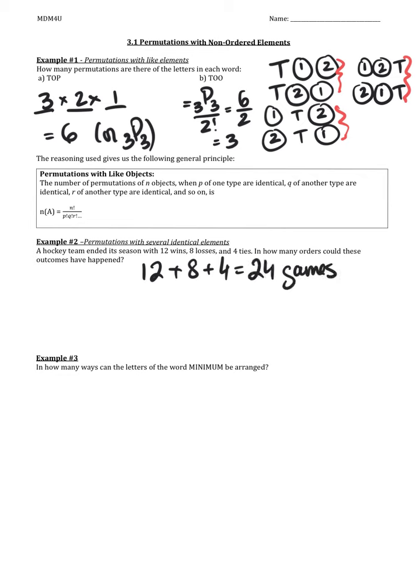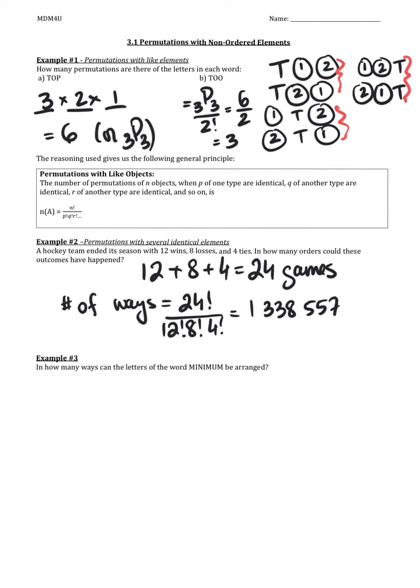And the number of ways that we can arrange all these possible types of like wins, losses, and ties would be 24 factorial over, and now we're going to take all the wins, so that's 12 factorial, and all the losses, that's 8 factorial, and all the ties, which is 4 factorial. And that gives us 1,338,557,220 ways.